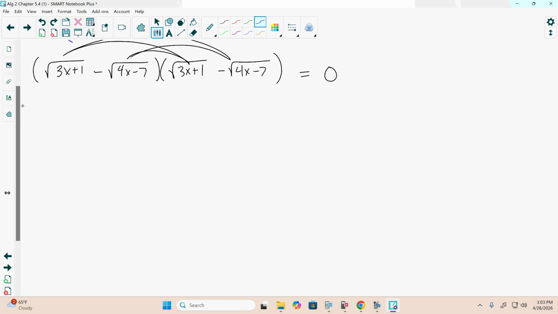Now, the square root of 3x plus 1 times square root of 3x plus 1 would be the square root of 3x plus 1 squared. Positive times a negative is a negative, then we've got 3x plus 1 times 4x minus 7 twice.